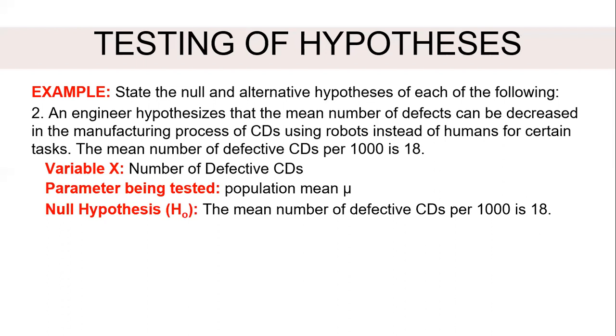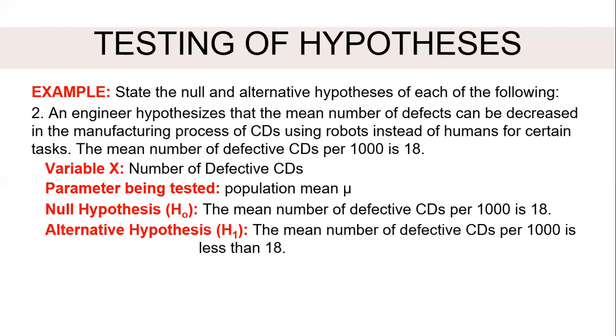But how about your alternative hypothesis? It says here that the number can be decreased if you use robots. So if there is the word decrease, what particular word or symbol should we place as part of your alternative hypothesis?